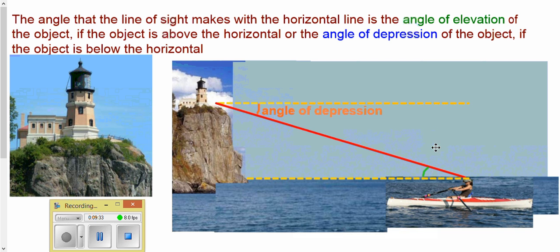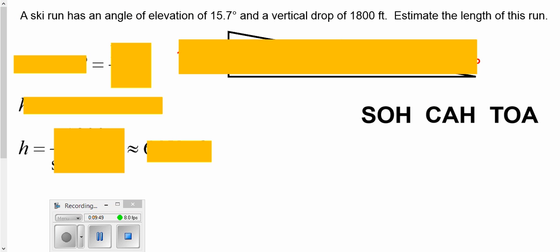However, if you're the kayaker and you're looking up at the lighthouse, your angle of elevation would be right here in green, which is how far above the horizontal, in degrees, you're looking. So keep that in mind when you're doing some of your homework.